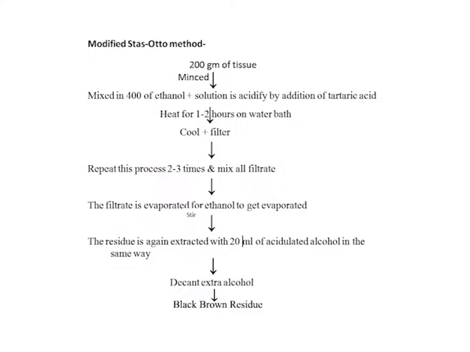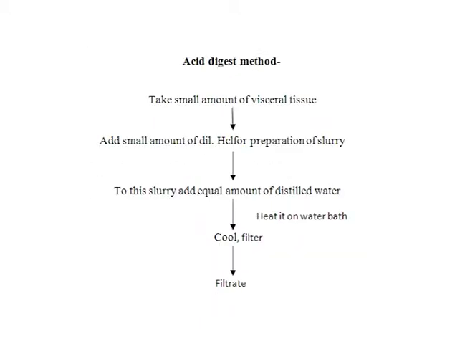This process is repeated 2 to 3 times and all the extracts are mixed and filtered. The filtrate is evaporated to remove ethanol and get the residue, and the residue is again extracted with 20 ml of acidified alcohol in the same process. Excess alcohol is now decanted and a black brown residue is obtained.